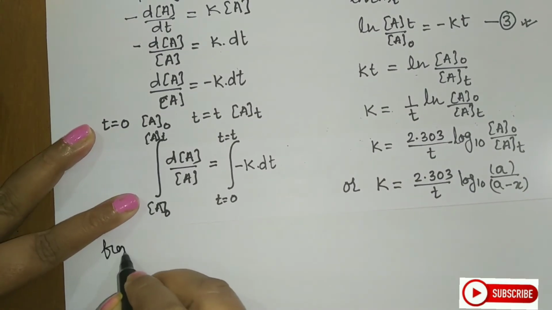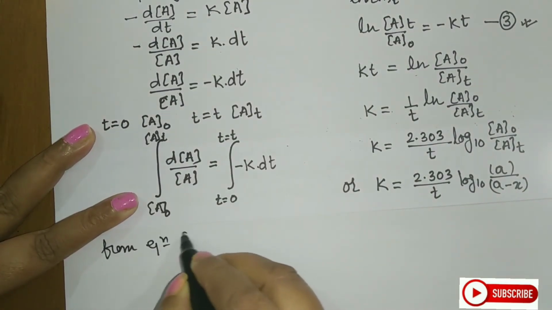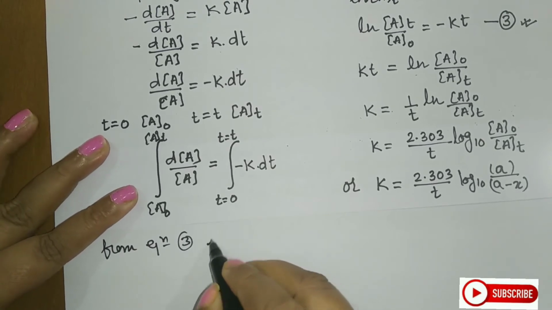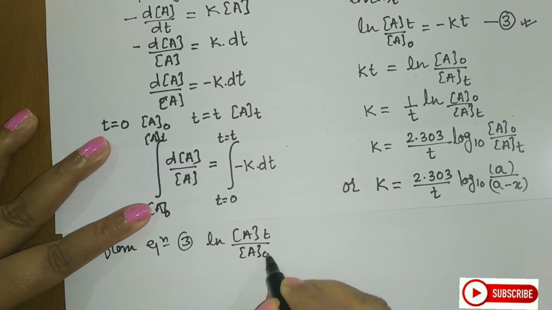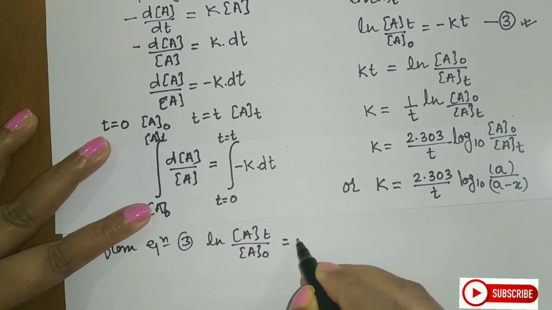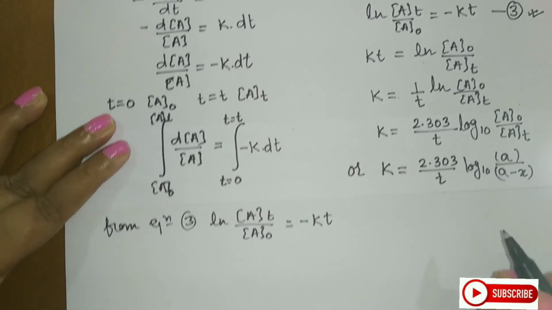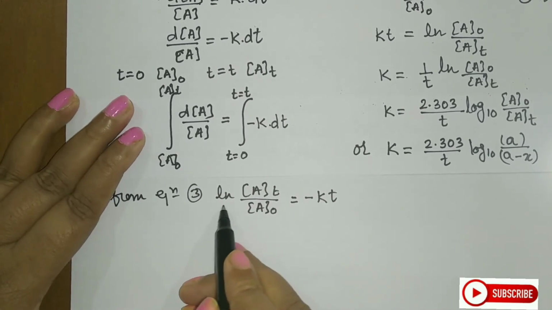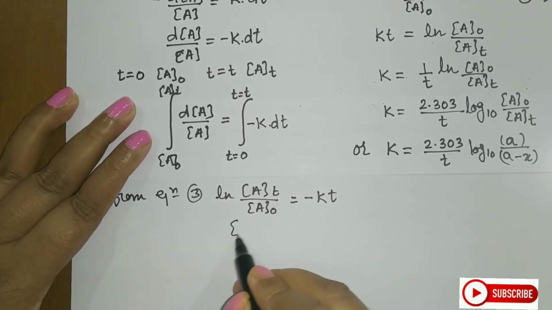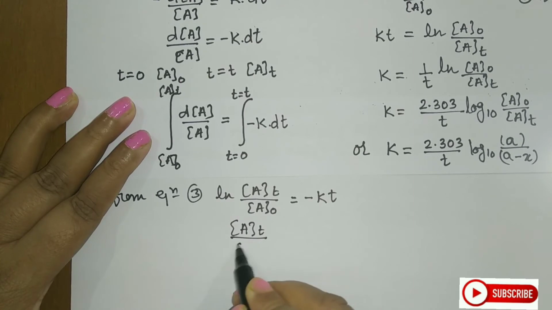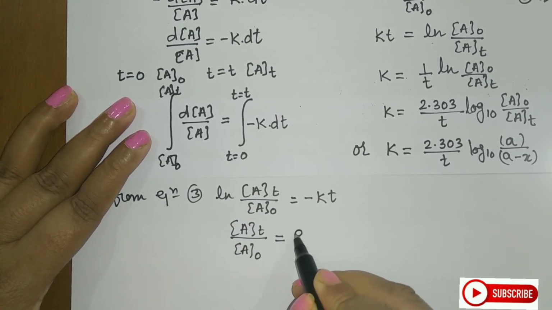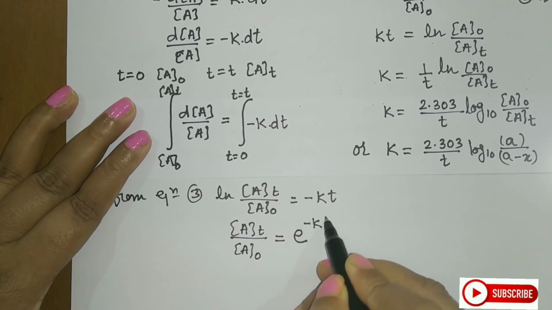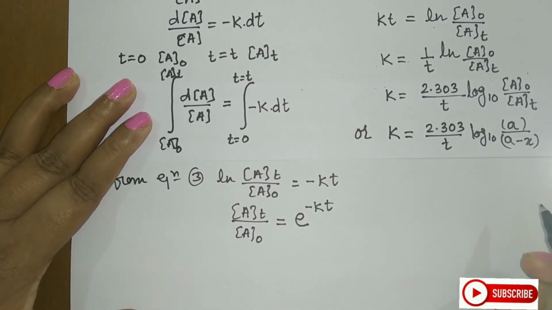So from equation 3, what you have there, students? ln At upon A0 is equal to minus kt. Now how will you proceed? You have to remove this ln from this side. So the equation will be At upon A0 is equal to, you have to now raise e to the power minus kt. So this is how you will write it.